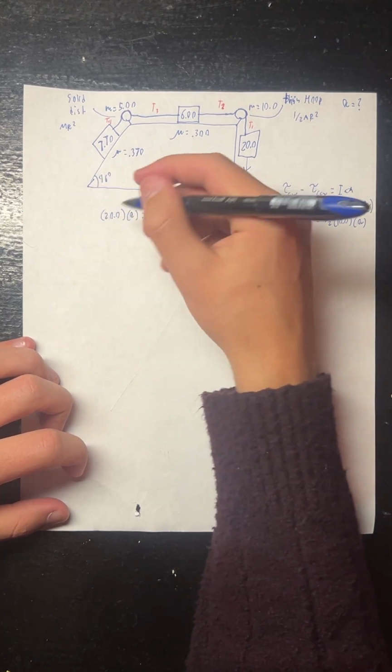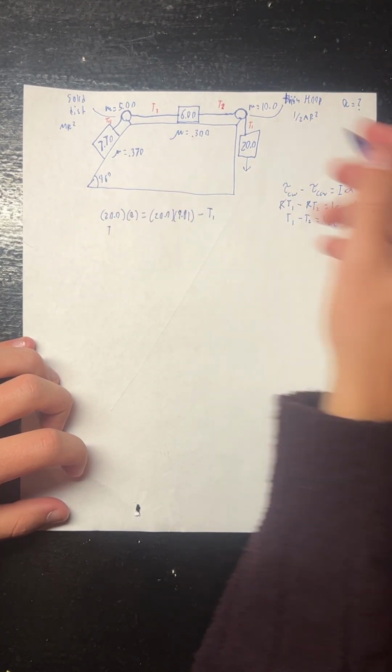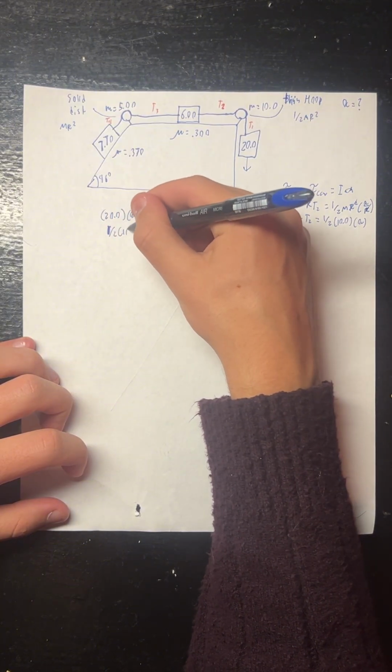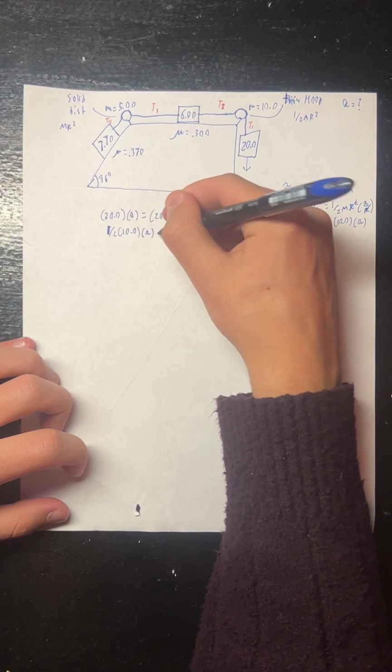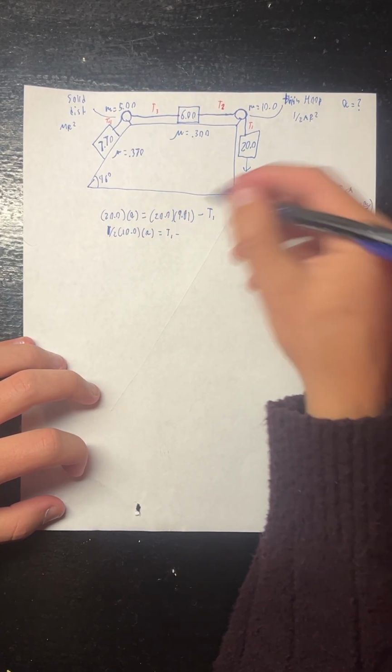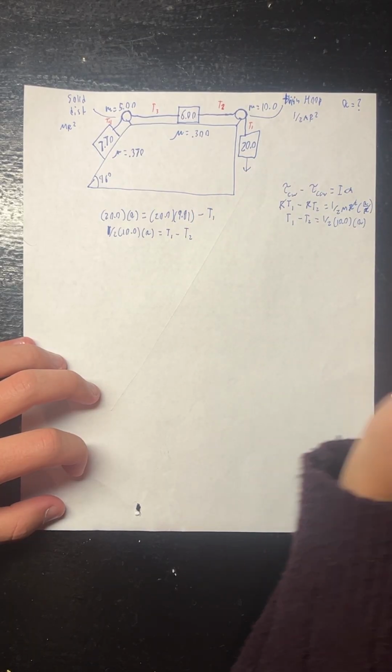So that is our second equation. We start with our 1/2 times 10 times a equals T1 minus T2, right?